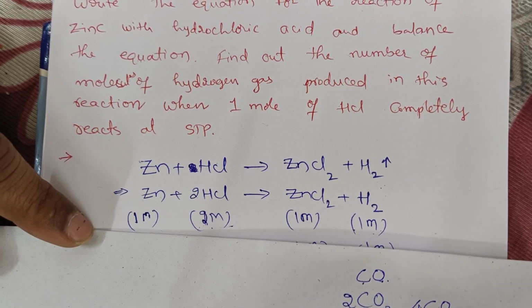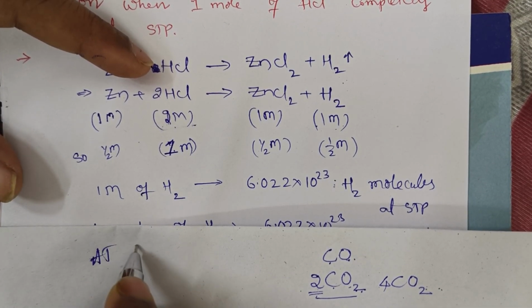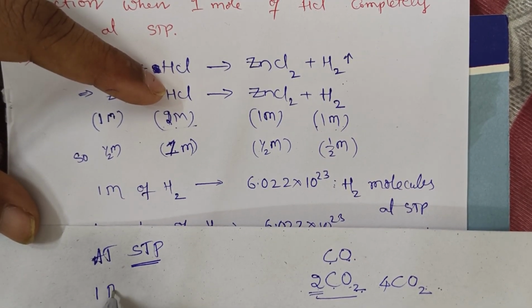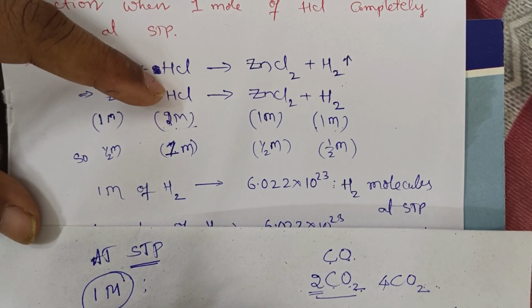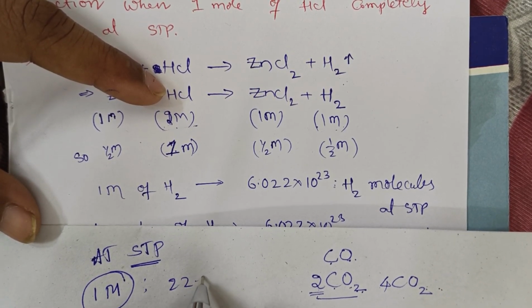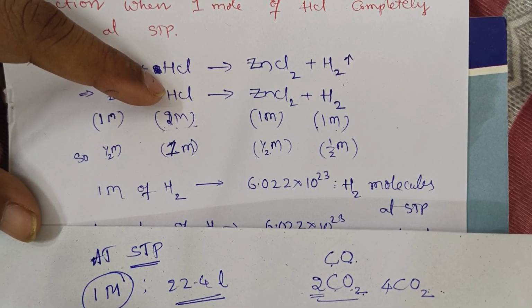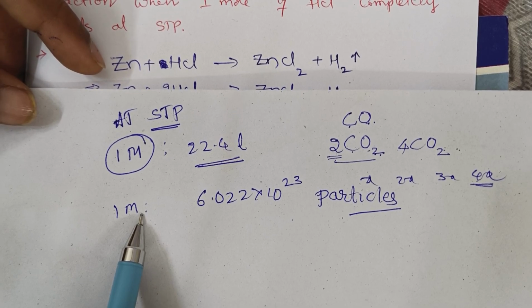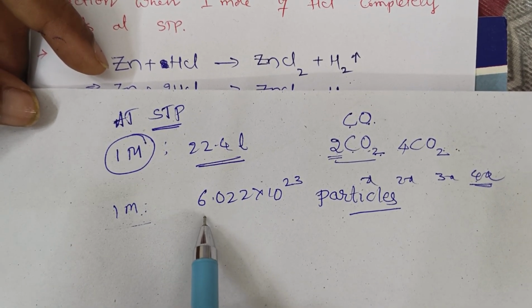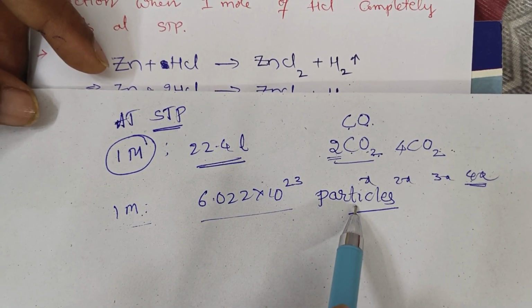You should also know that at STP, meaning standard temperature and pressure, 1 mole of any gas occupies 22.4 liters, and 1 mole of any substance, whether at STP or not, contains 6.022 times 10 to the power of 23 particles.